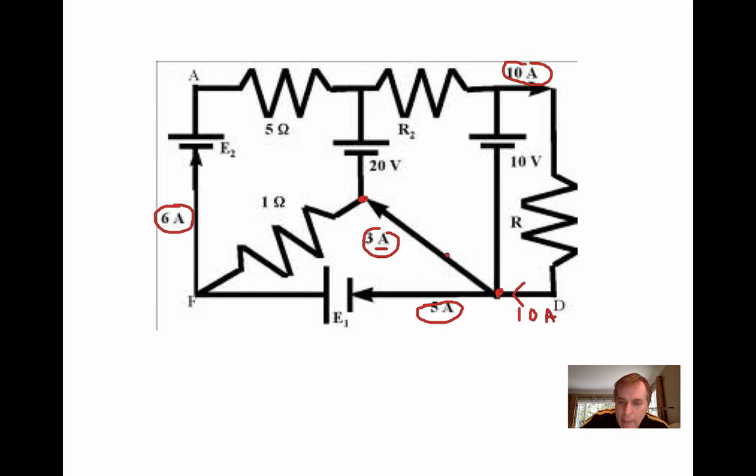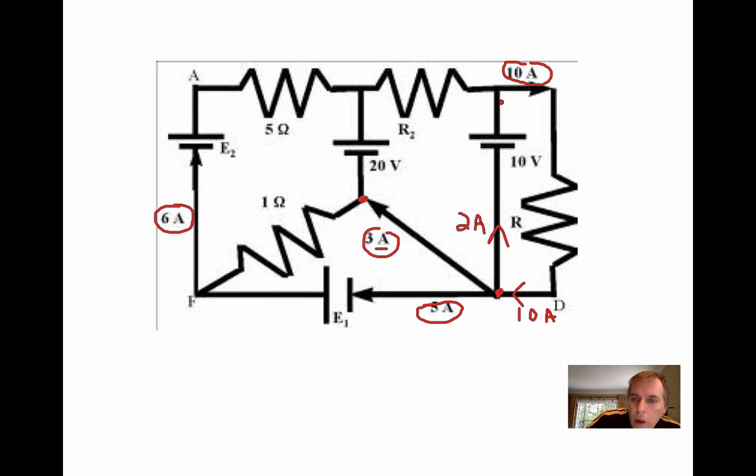So there's 8 amps coming out from those 2 wires. There's 10 amps coming in. So 10 amps come in, 8 amps come out, so there must be another 2 amps coming out. So there must be a 2 amp current flowing this way. We found the current in this branch to be 2 amps flowing up.